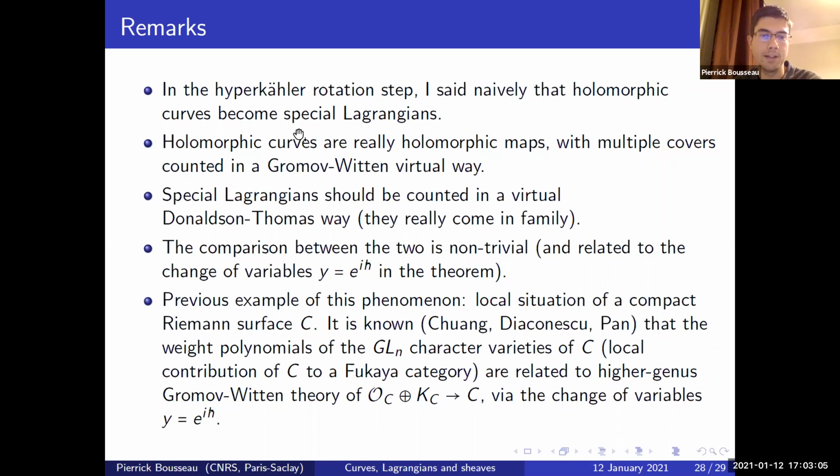And so when I say that you go from one to the other by hyperkähler rotation, the comparison between the two is quite non-trivial, and is related to the presence of this variable y equal exponential i h bar in the theorem. So what I was saying is that by hyperkähler rotation, at the naive level, if you forget all virtual difficulties, you might believe that the holomorphic curve turns into a special Lagrangian.